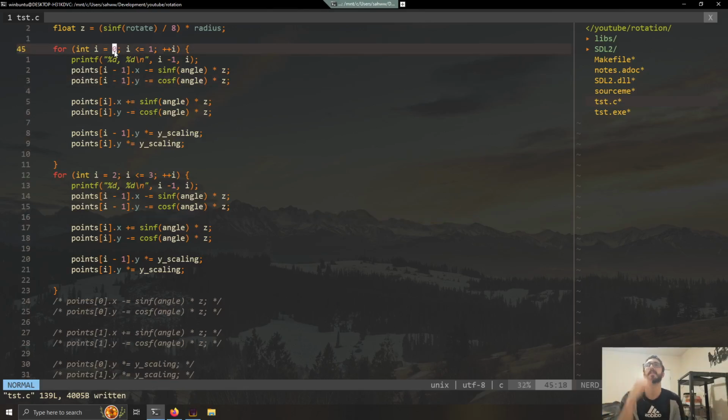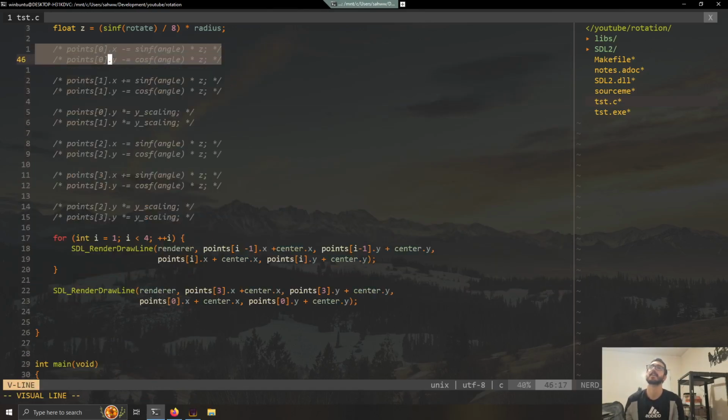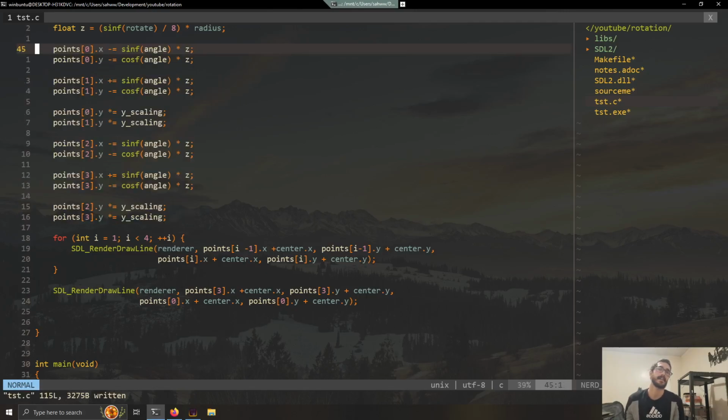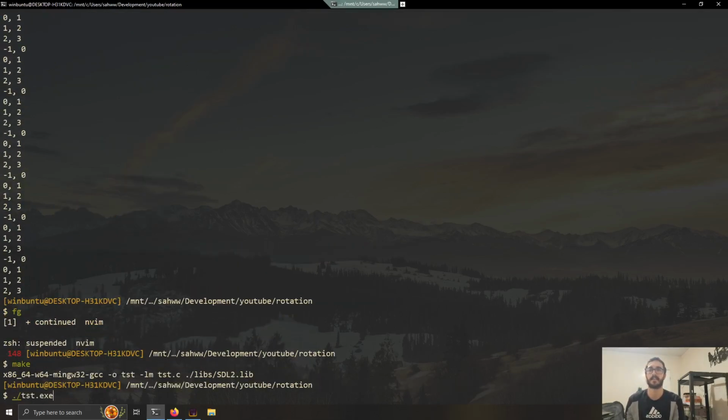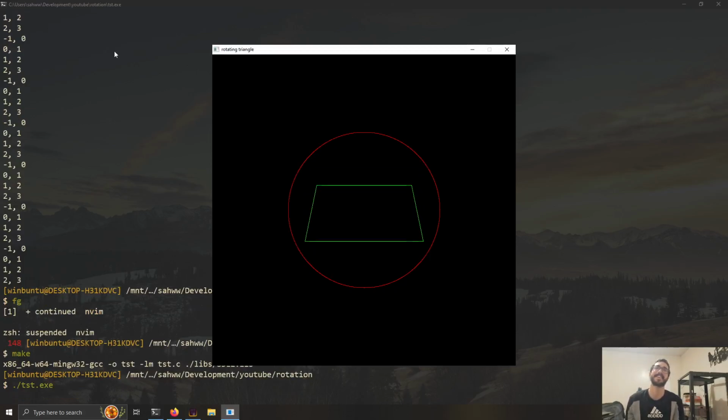Oh, because I'm doing I minus 1 here. That's weird. So I really have to do... Yeah, this is not gonna work. I can't think about how to loop it so that you don't show it like that right now, but just know that that's how all this works.